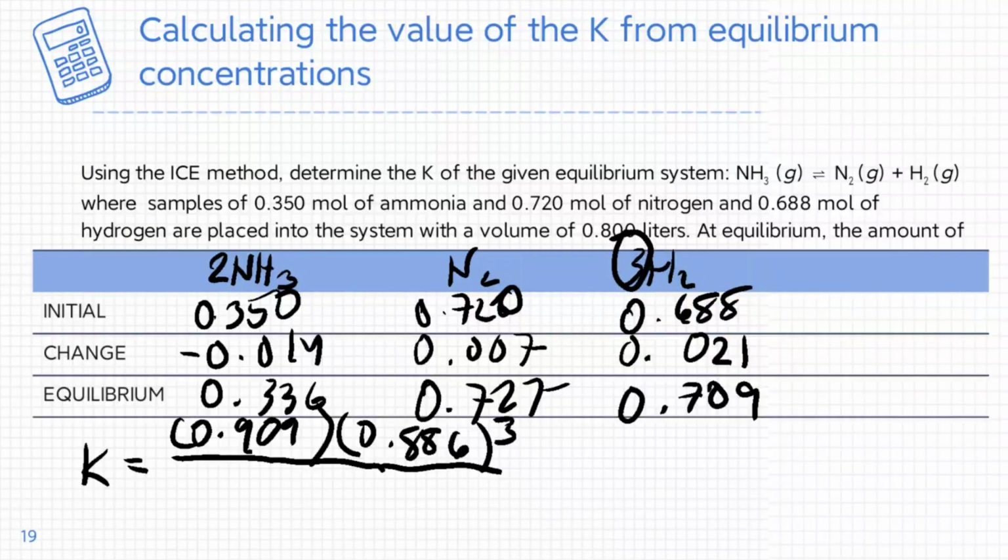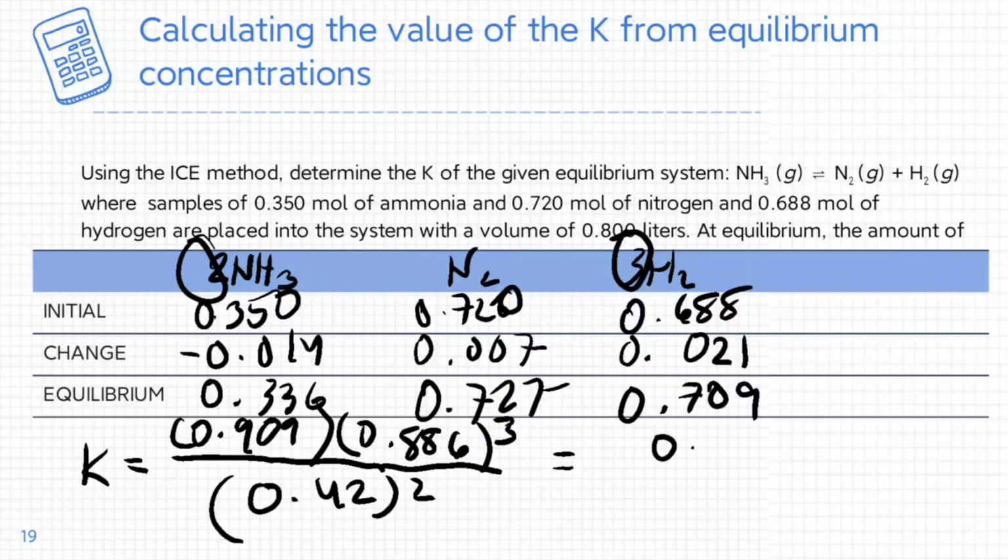Then sa baba, reactant, you have your 0.42. Coefficient 2. So, compute mo yan, you will get 0.6322 over 0.1764.